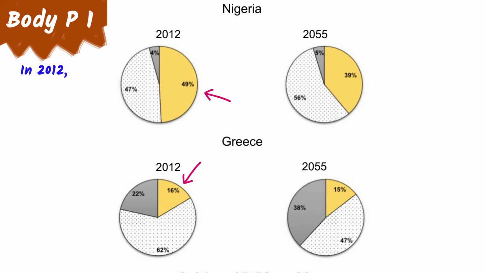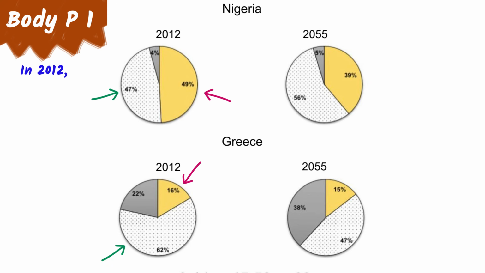And the age group 15 to 59 in Nigeria was 47%. However, for Greece, that was 62%.